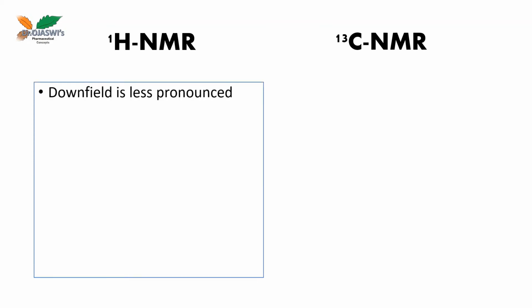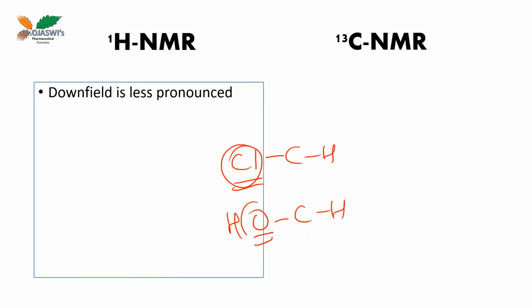The next comparison between 1H and 13C is with respect to electronegativity. We have seen compounds where an electronegative group is attached over here. These electronegative groups have a tendency to attract electrons towards them, so all the electrons are moving here.